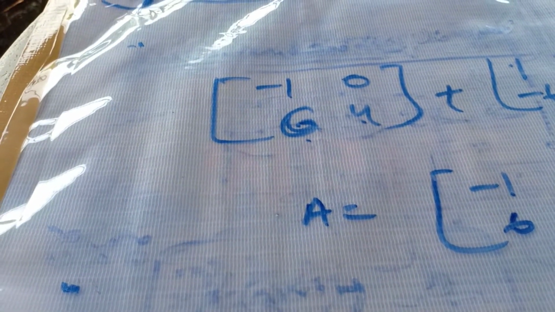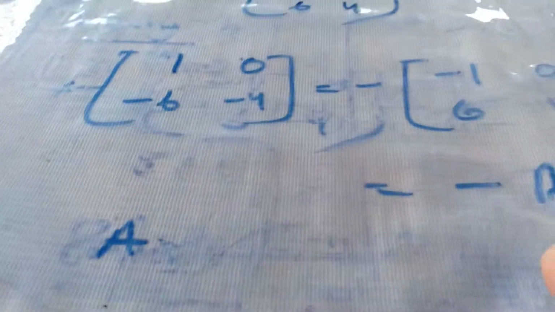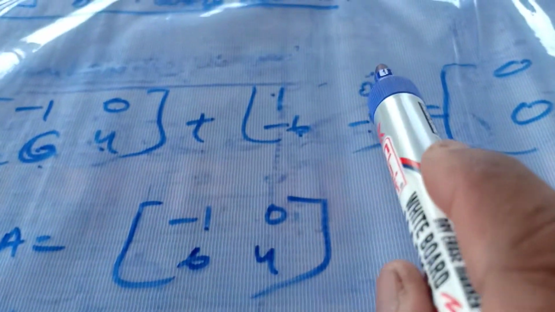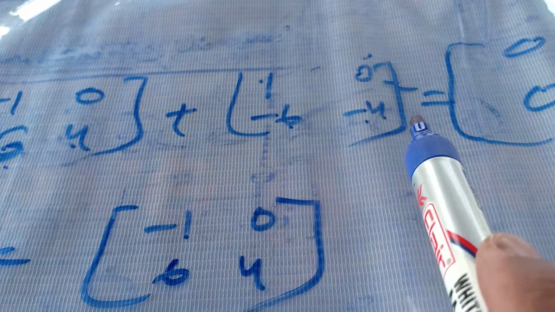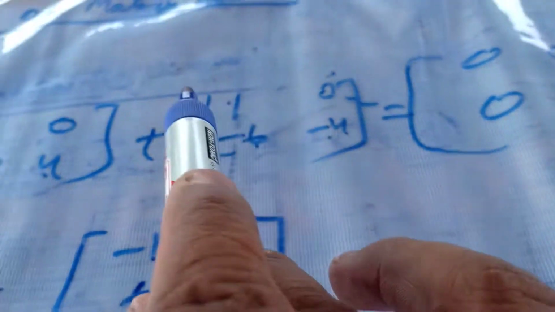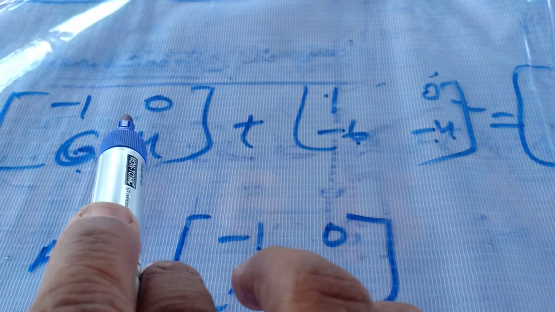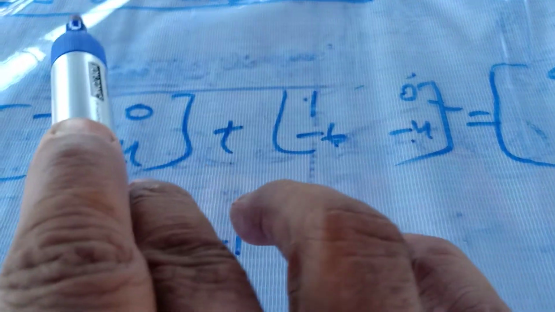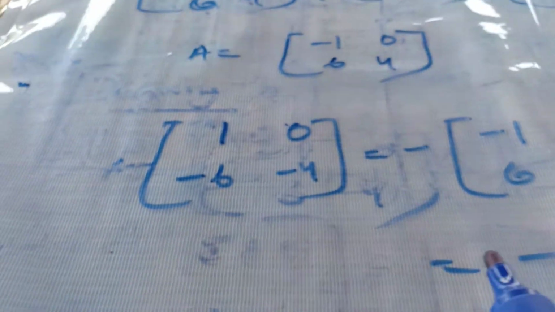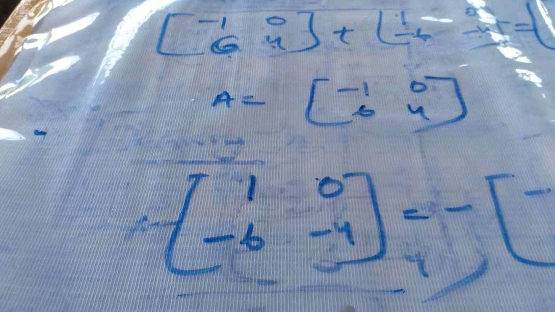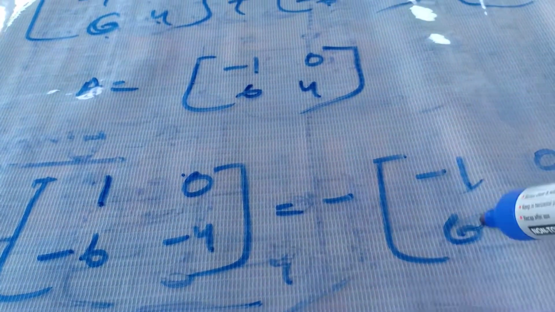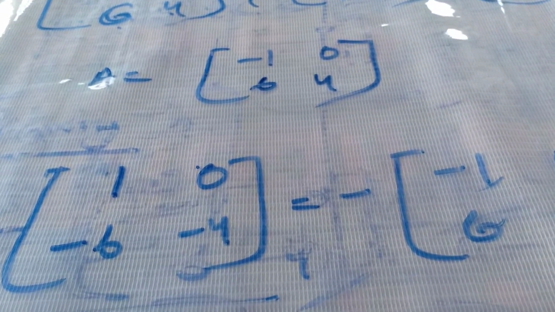So this is also called -A. See, I took common from all these. The result is this one. 1, 0, -6, -4 added, then the answer is 0. This first matrix is also the additive inverse of the second, and the second is also the additive inverse of the first. So I took the second matrix, then I took minus as common, or I can write it this way, minus as multiplication. So I got -A.